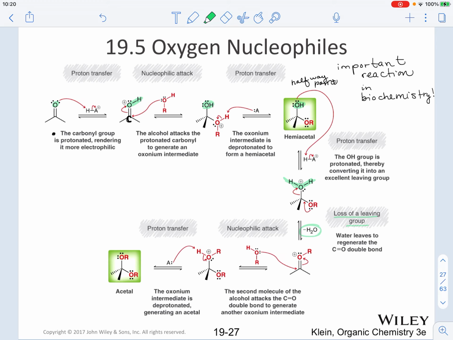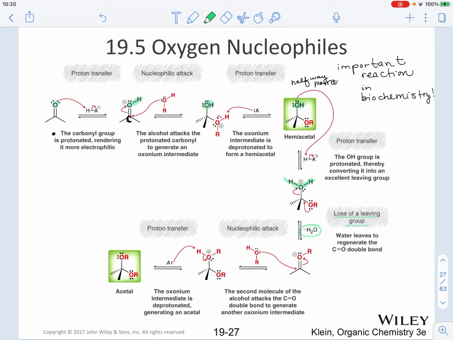This is an intramolecular reaction in which the oxygen electrons are going to come down and regenerate that C double bond O, and that's why the water gets lost.